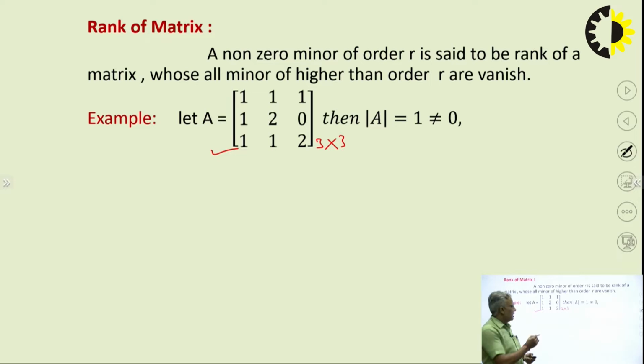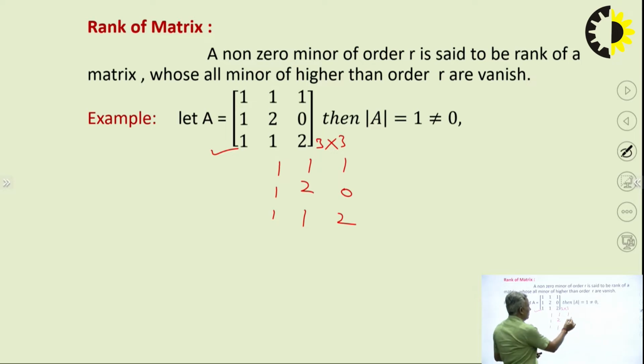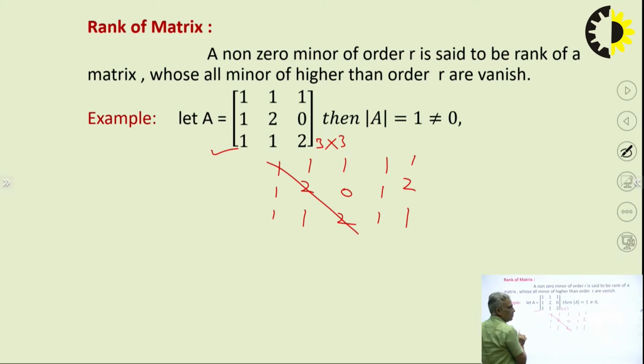I explain here. Suppose I write here 1 1 1. This is the first column, this is the second column, 1 2 1, 1 0 2 here, and the first and second columns are repeated here: 1 1 1, 1 2 1. Now first of all, cross along this line and multiply along this line. That means 2 into 2 is 4, into 1 is 4.